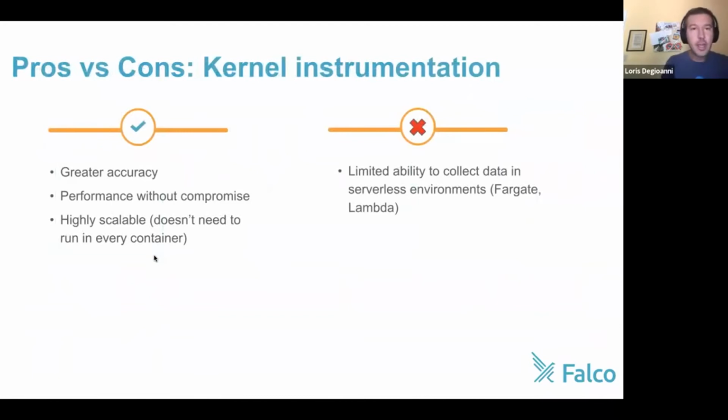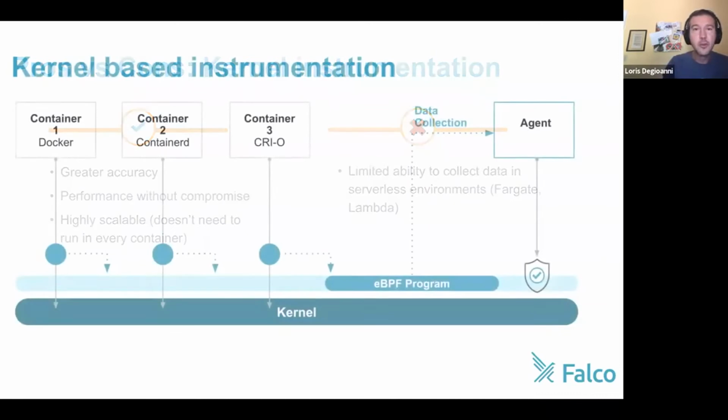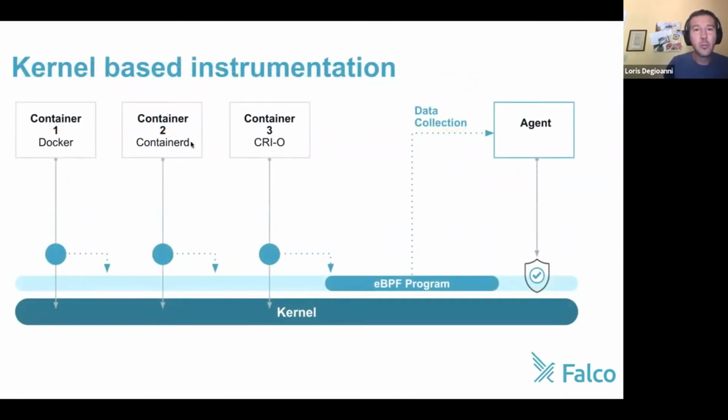Kernel instrumentation has the advantage of being extremely accurate because it runs in the kernel of the operating system. You cannot fool it. It's extremely efficient and extremely scalable. Extremely efficient because the data is collected really where it's generated in the kernel of the operating system, and it's scalable because it's the only way where you don't need to put something inside every container, but another, external container can do that.